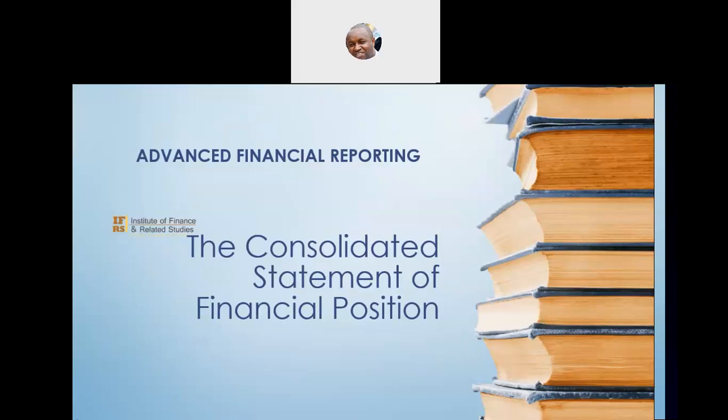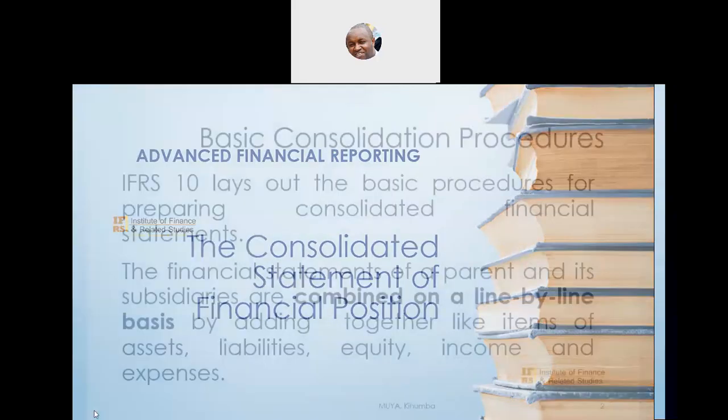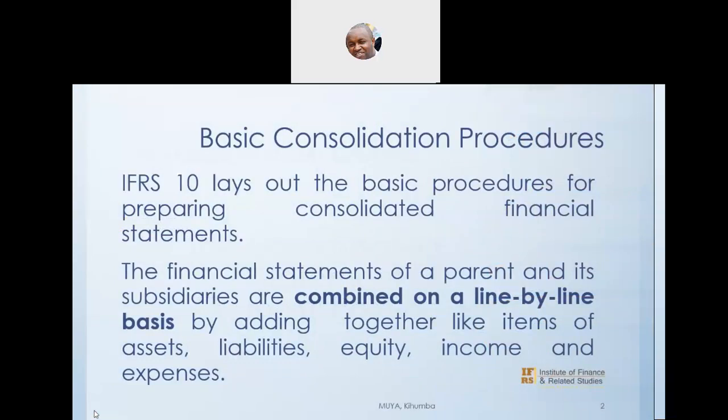We'll look at the consolidated statement of financial position. IFRS 10 consolidated statement lays out the basic procedure for preparing consolidated financial statements. How it does this is by outlining that the combination of the parent and the subsidiary's financial statements is through adding items line by line.